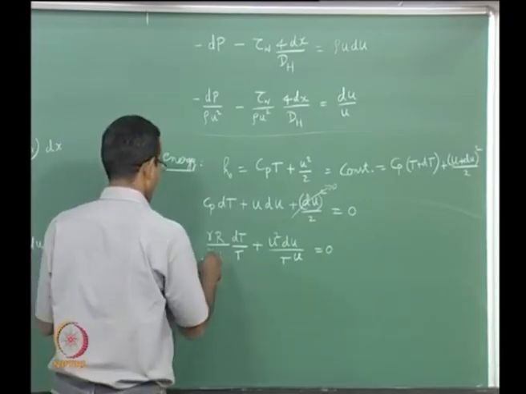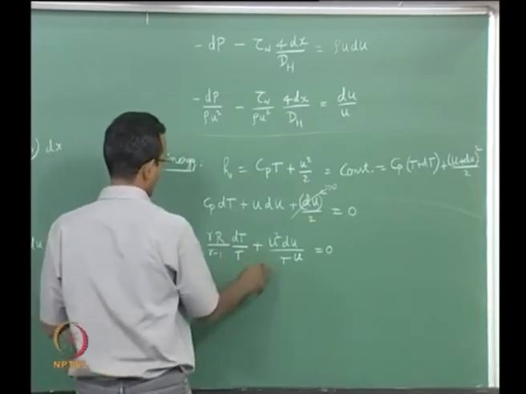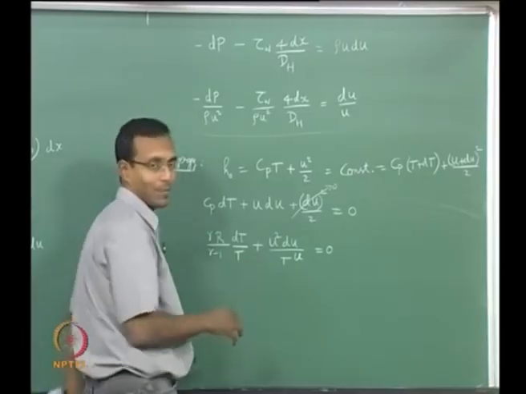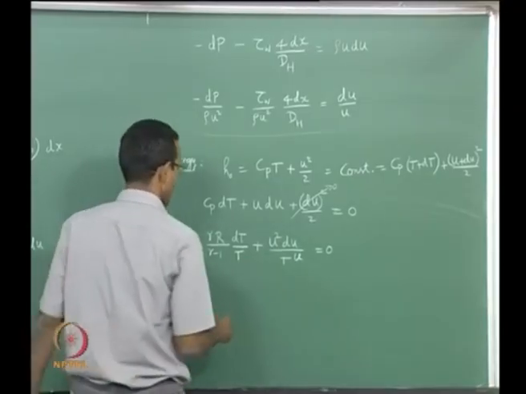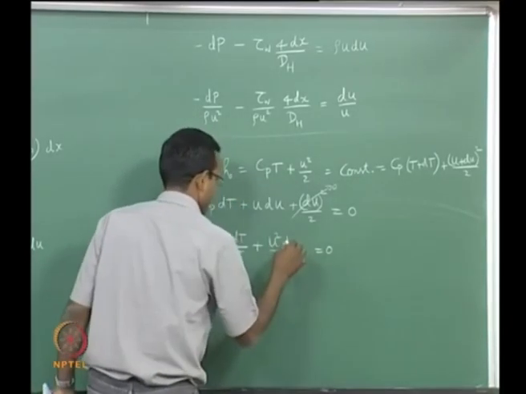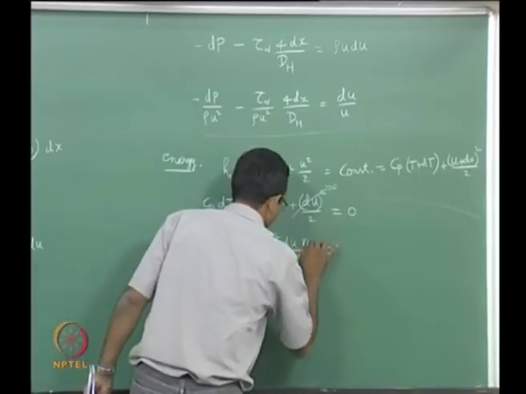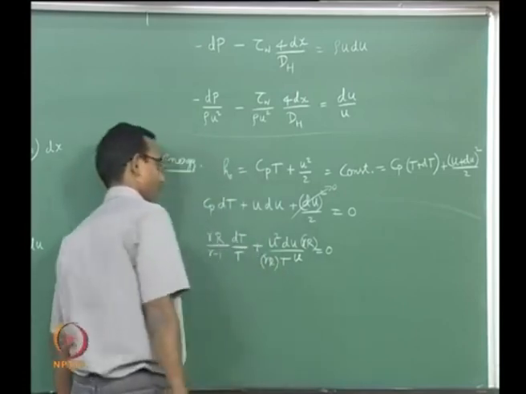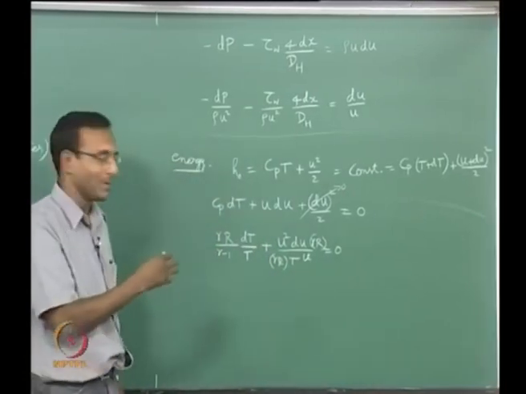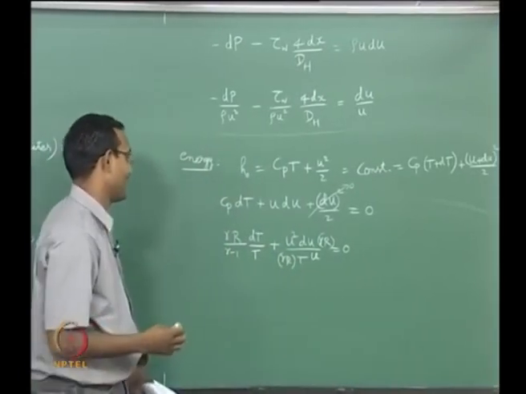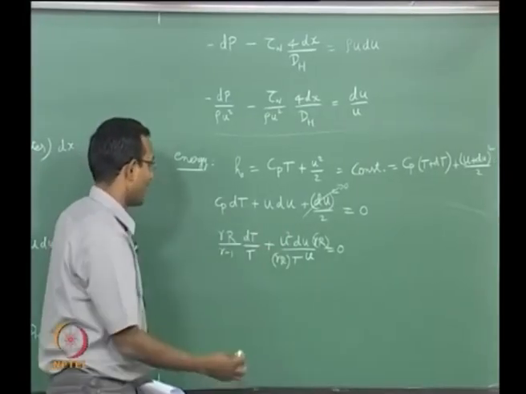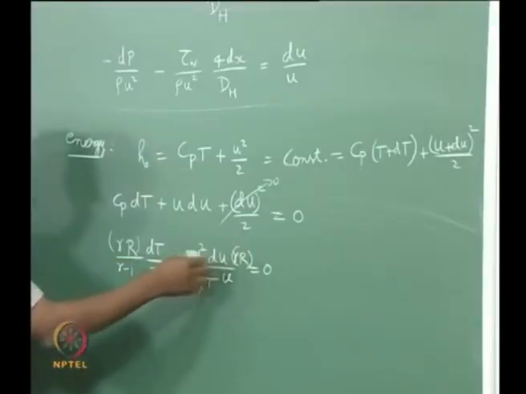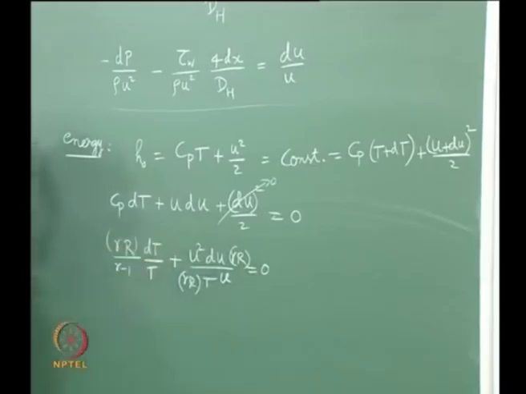If I think about taking this R to the denominator, I will divide this whole thing by gamma R. Let us say I multiply and divide by gamma R here. I am doing the whole thing in one equation. I want to make it look good finally, that is all. So if I do that, I can now say that this gamma R can never be 0 and just cancel this.